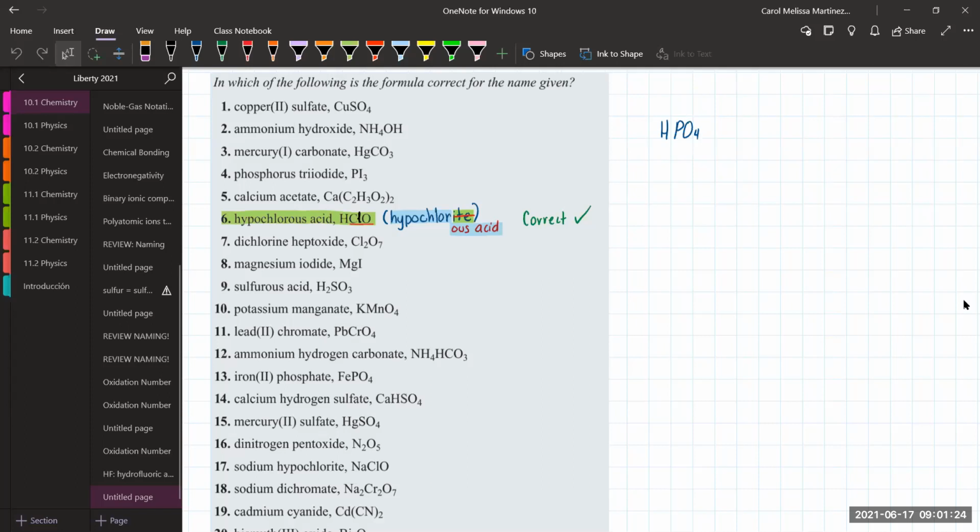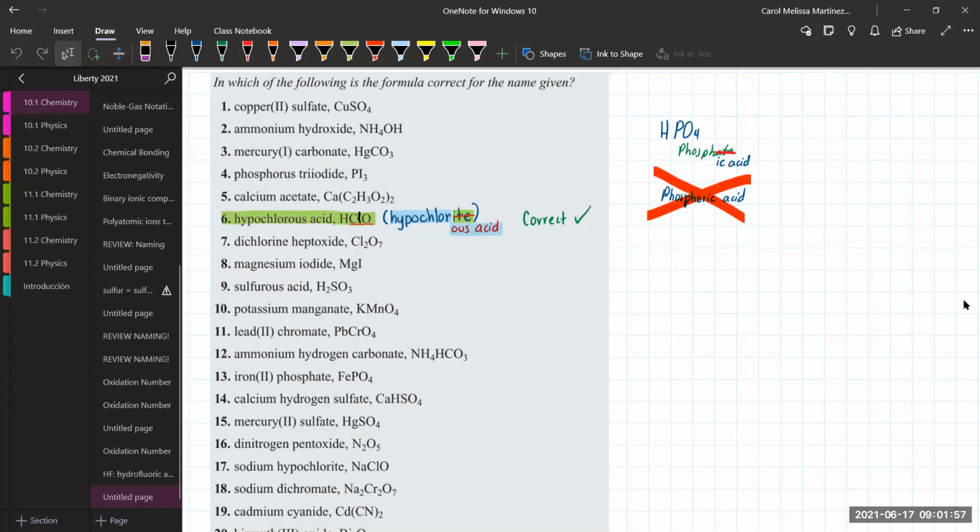Phosphate. So you apply the rule, you change the ATE by ic acid. Remember that phosphorus has the special root, so the name apparently is going to be phosphoric acid. But let me tell you a story. This one is incorrect.